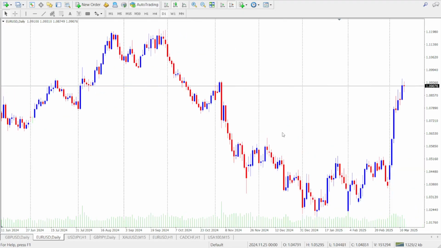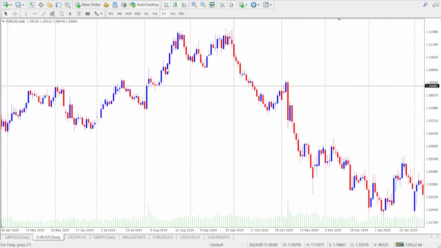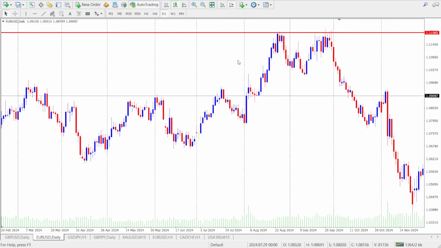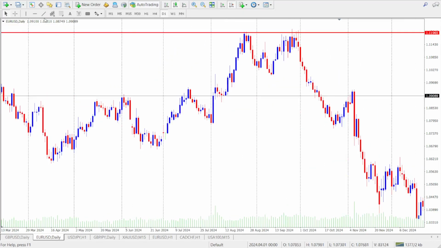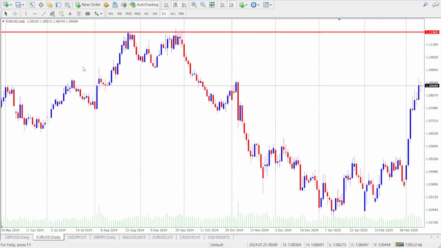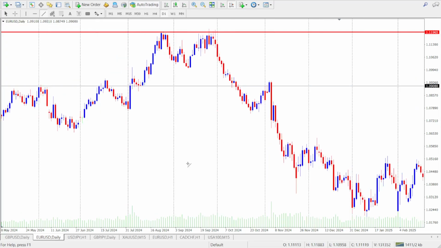Patterns help traders identify potential entry and exit points. Patterns help traders understand market sentiment. Patterns also help traders avoid emotional trading and stick to a strategy.